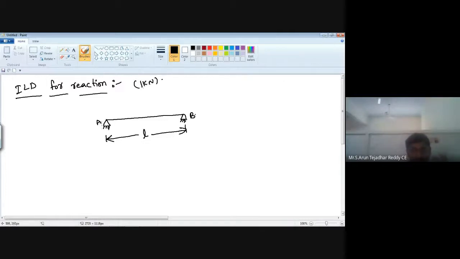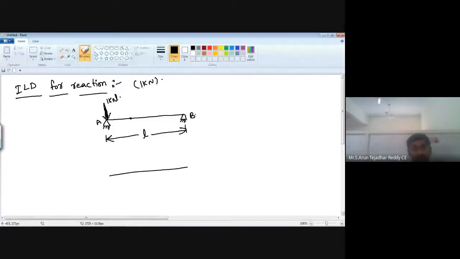First of all, I will apply 1 kilonewton at the initial point, at this point. So this is my 1 kilonewton load, and here at point A, 1 kilonewton load is acting. Next, this 1 kilonewton load, I will be shifting from here to somewhere here.